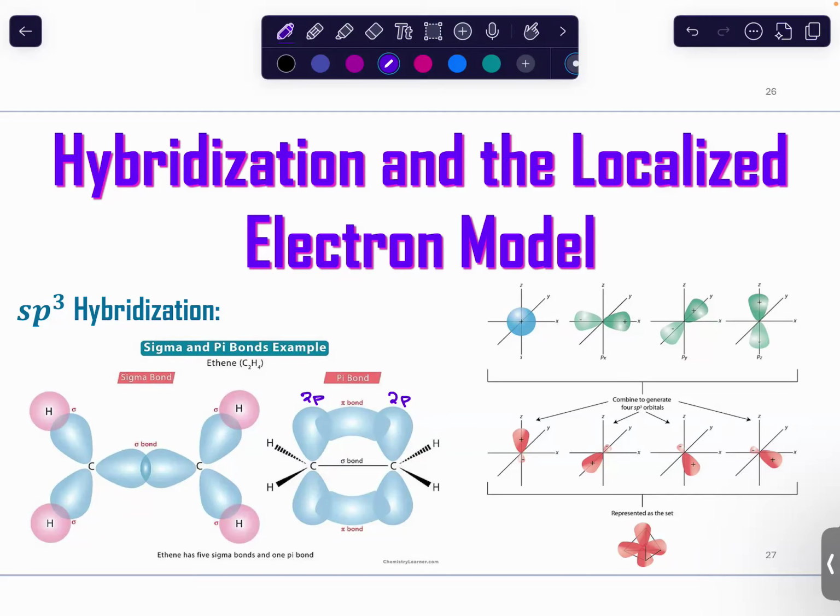So when that s orbital and 3 p orbitals mix to form the hybrid orbitals, it took 4 orbitals, and it forms 4 degenerate orbitals. In quantum mechanics, what does degenerate mean?